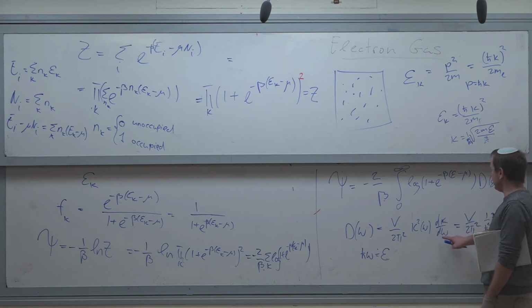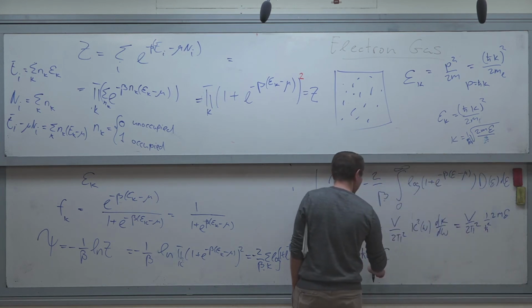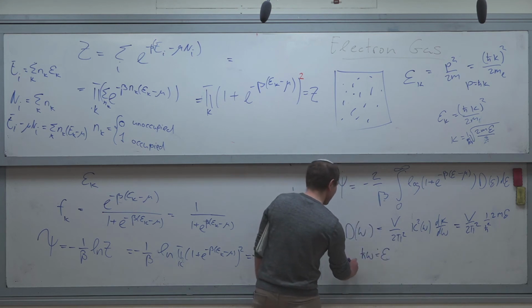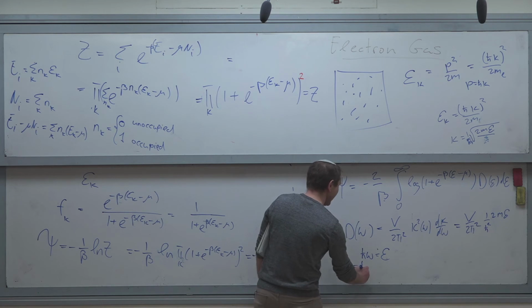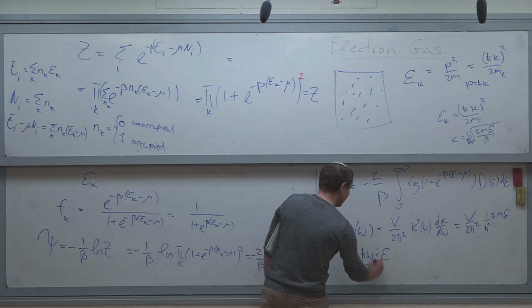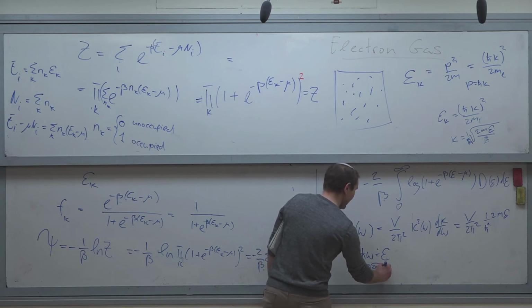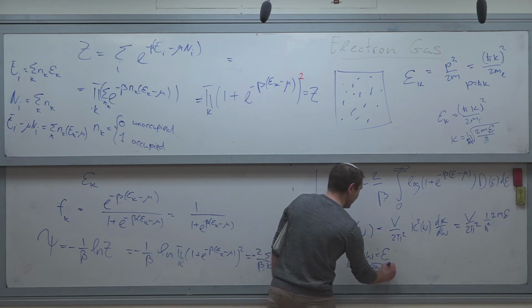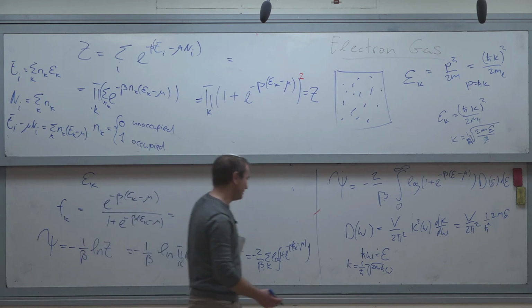We have dk over d omega. How do we compute this? If h bar omega equals epsilon, k equals 1 over h bar, square root of 2m h bar omega.